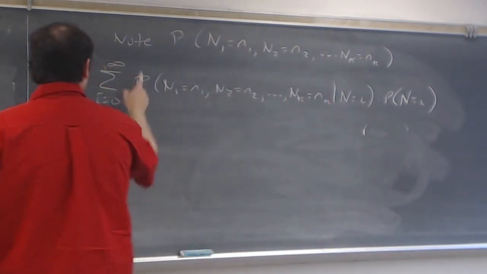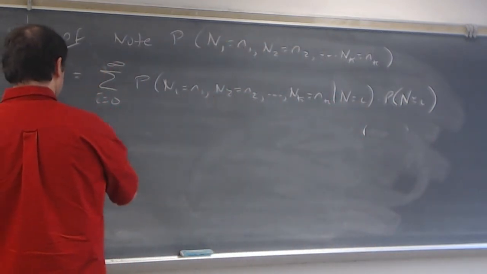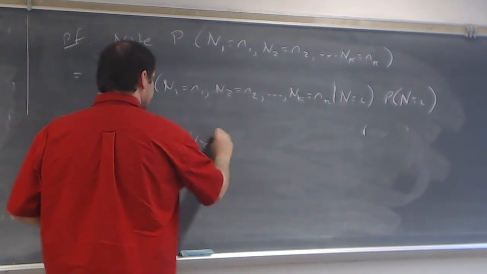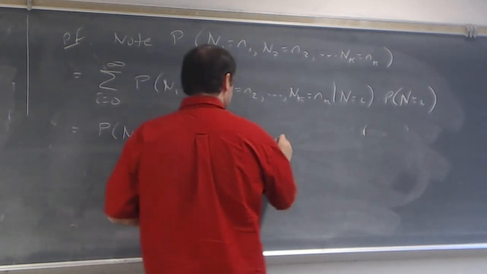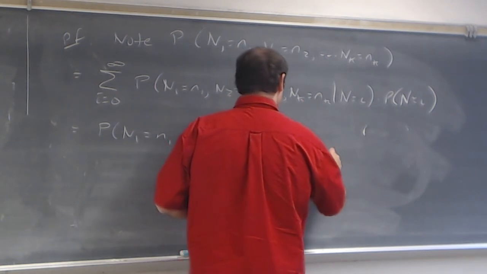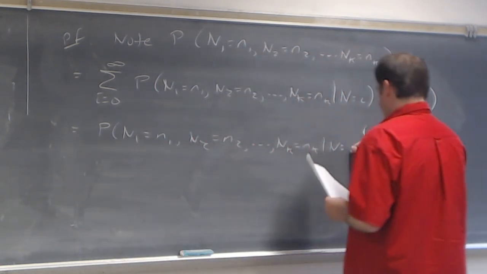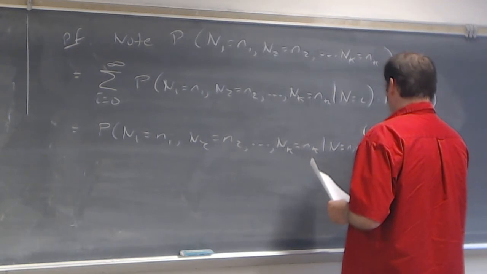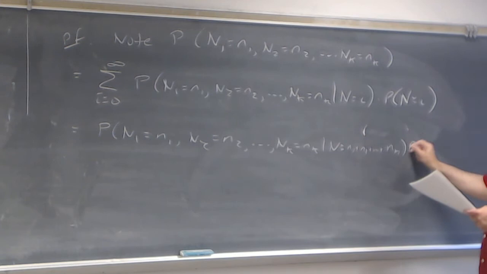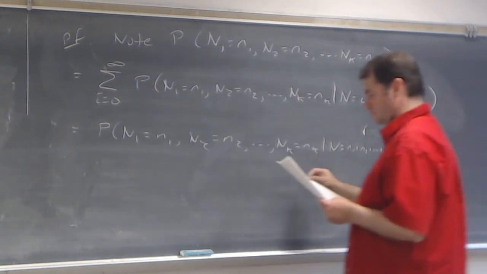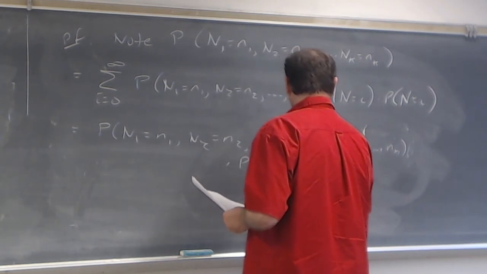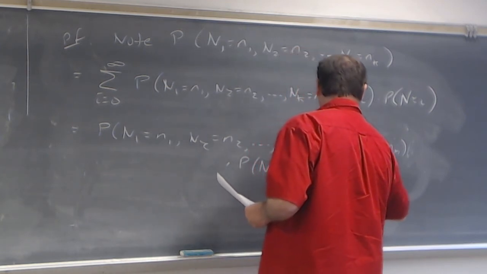So we're only getting one non-zero term in this sum, and that's the probability that N sub 1 equals little n sub 1, N sub 2 equals little n sub 2, all the way up to N sub k equals little n sub k, given N equals n1 plus n2 all the way up to nk, times the probability that N is equal to n sub 1 plus n sub 2 plus all the way up to n sub k.